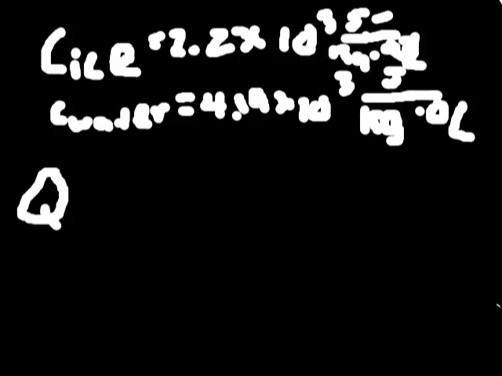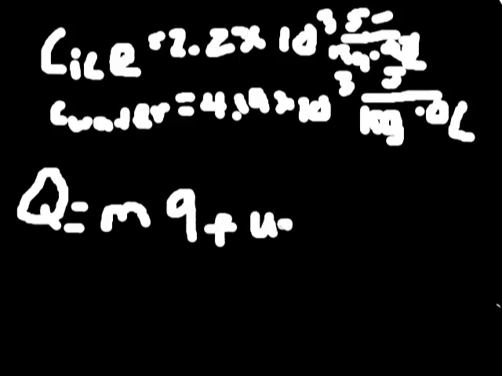Q is equal to M times water's latent heat of fusion. Why is it M times L though?